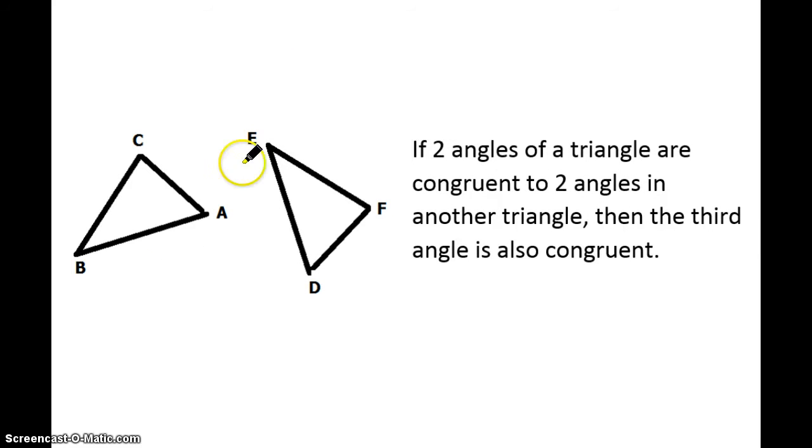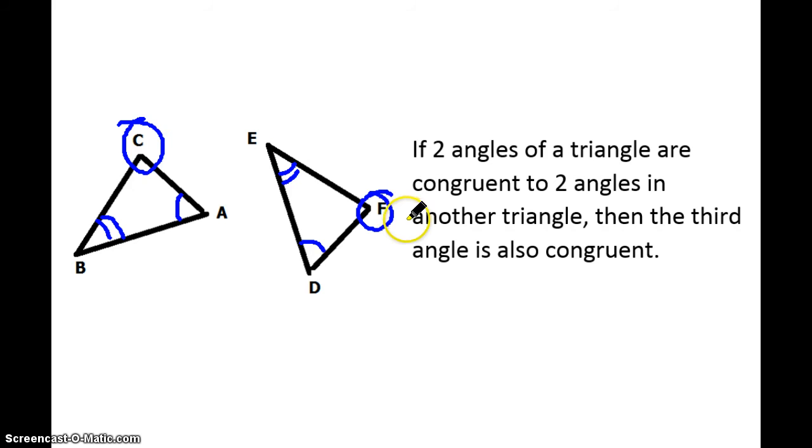Okay, and so it basically says if I know that one angle in a triangle is congruent to an angle in another, and then a second angle is congruent, I immediately know that the third one has to also be equal. Okay, so if A was congruent to D and B was congruent to E, then immediately I know that C is congruent to F.